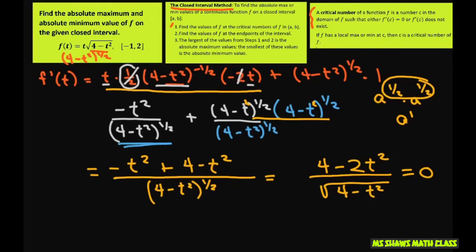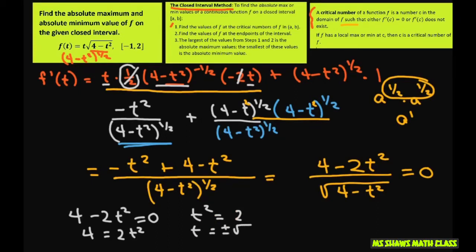Now, remember, for critical values, we want the numbers in the domain of f where either f prime of c equals 0 or f prime of c does not exist. If I set the numerator to 0, we get 4 equals 2t squared, so t squared equals 2, so t equals plus or minus square root of 2.